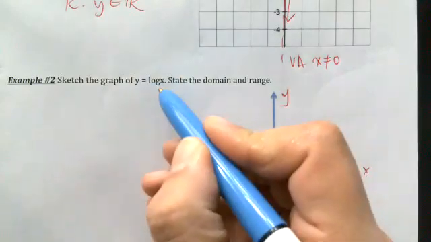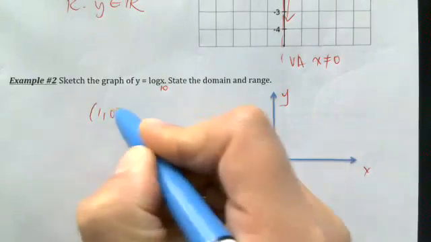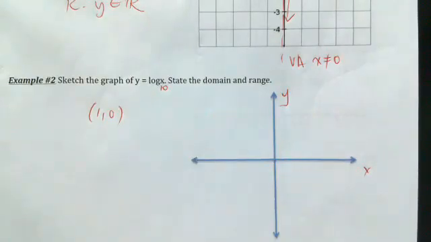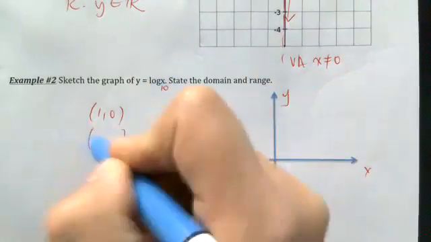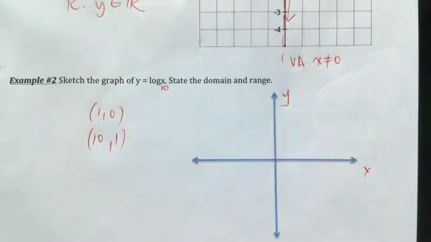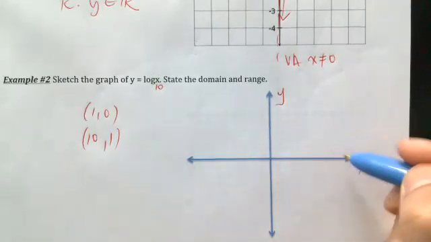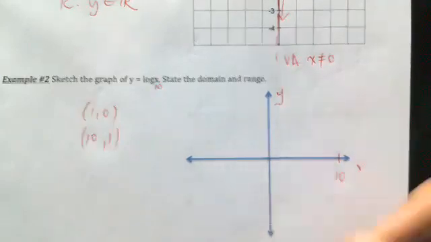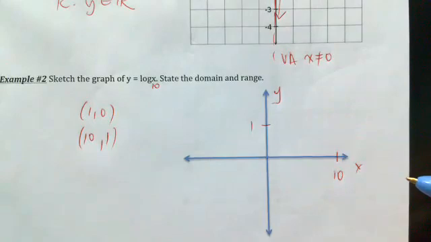So base 10, you don't see the base, but it's still there. I still would need 1. And then my next point would be (10, 1). So obviously I would need to fit all the way up to 10 here. If I choose here, this is my 10, I would choose here my 1, so it's a little bit easier to do.